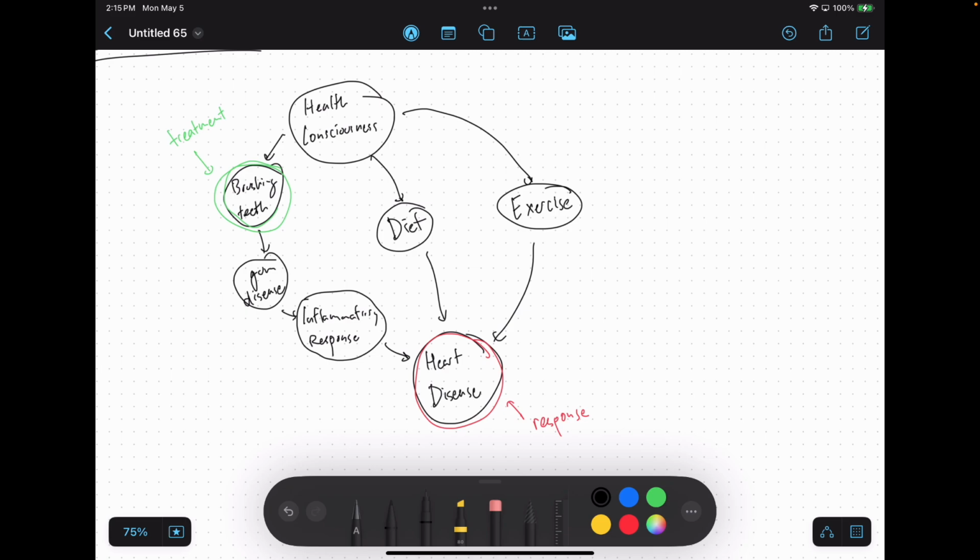And if the causal diagram represented here were exactly the right model of truth in the world, then we could actually build a pretty simple model to determine the effect of the treatment on the response, right?